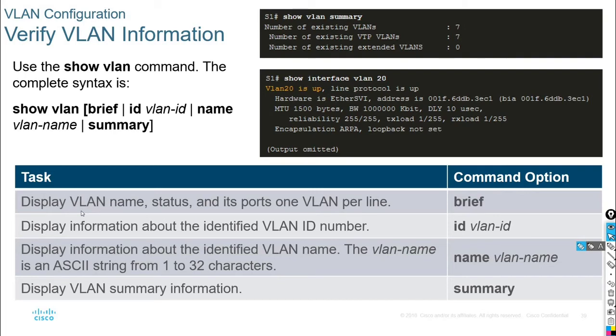These display the VLAN name, status and its ports, one VLAN per line, brief, and information about the identified VLAN ID number and VLAN name. For the summary we use the summary command.